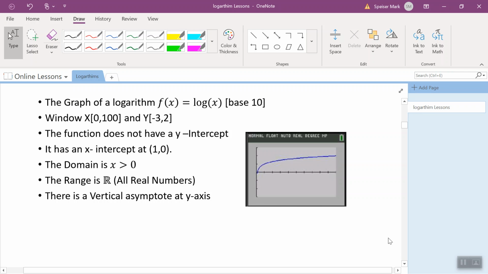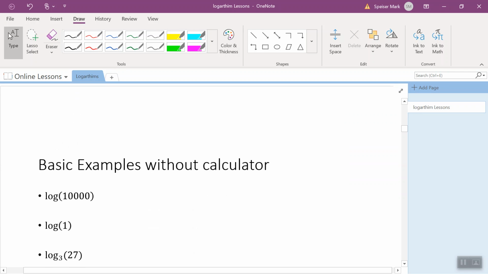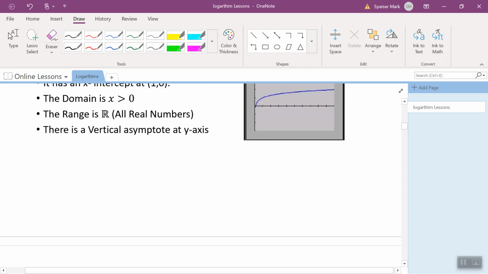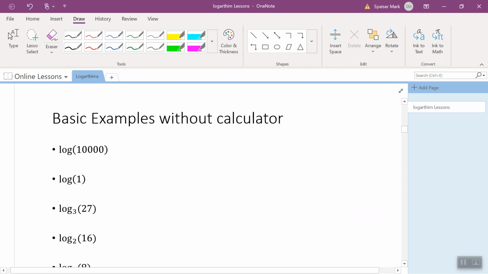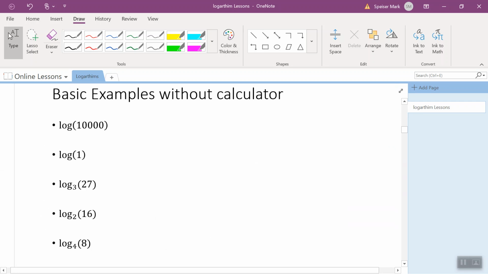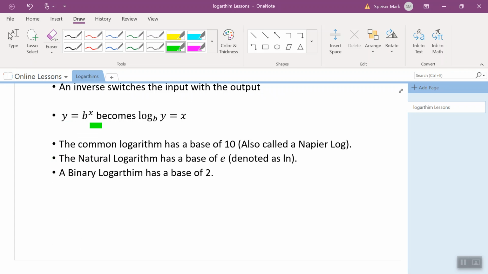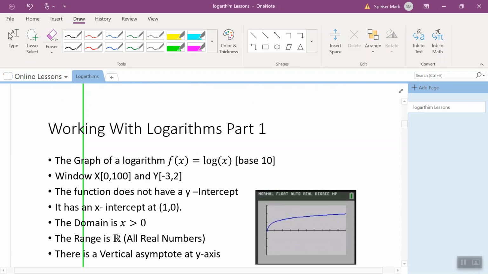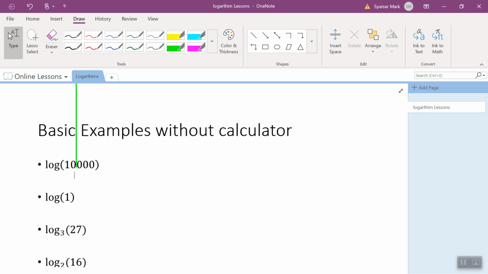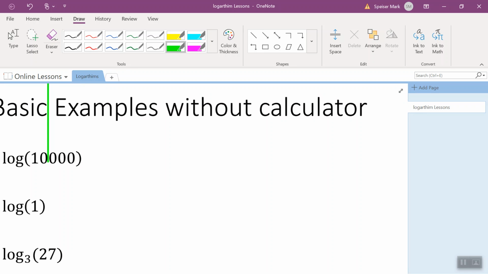Okay. Now on to some basic examples without the calculator. You do many basic examples like the ones here without a calculator. Now I'll start with the first one, log. When log is base 10, there's no number. You just look at the number of zeros that you see in the figure.